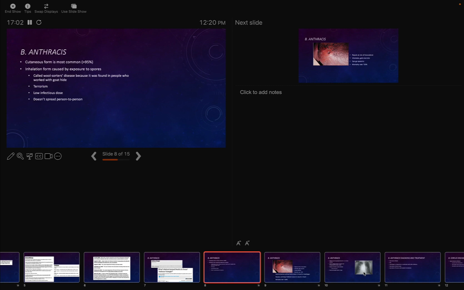And this is going to sound really creepy when I say it, so I'm sorry that it sounds creepy, but it's not a great bioweapon. There are better ones, which is the part that sounds creepy. It's not a great one because it doesn't spread from person to person. So if a person has inhalation anthrax, it is almost zero chance that you will get inhalation anthrax being exposed to that person.